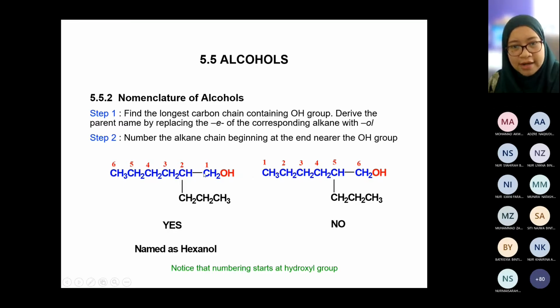If we start from the right, we get the OH on carbon number 1. But if we start from the left, we get the OH on carbon number 6. So which one do we prefer? We go for the lowest number possible, because we now have a priority. Unlike alkyl halide last time, we did not prioritize the halogen. But for alcohol, we have to prioritize. The numbering has to be the lowest.